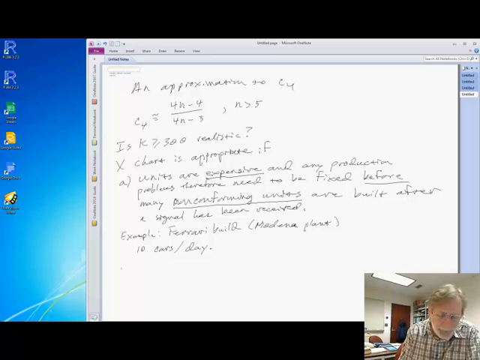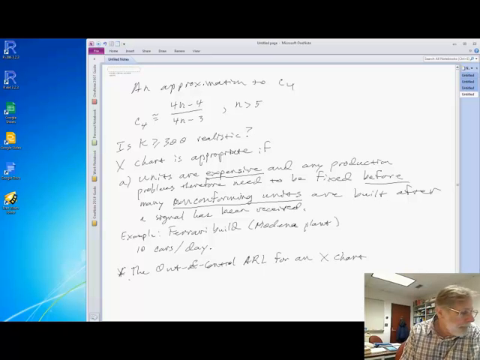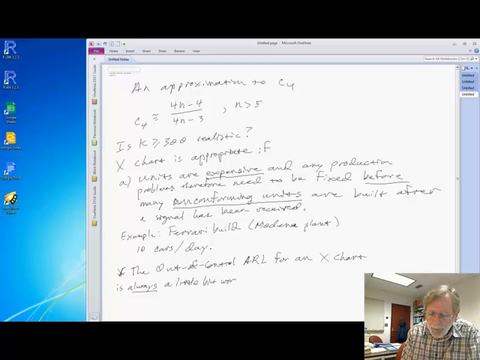Well, the out-of-control ARL for an X chart is always a little bit worse than an X bar chart.